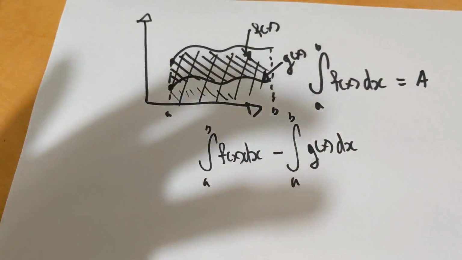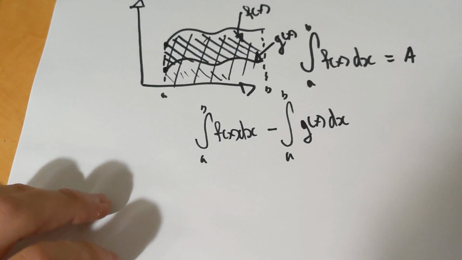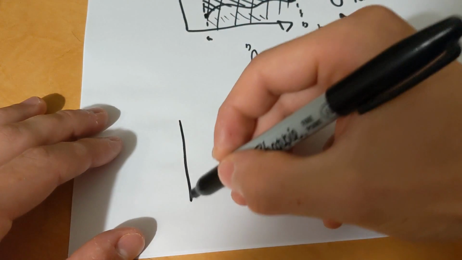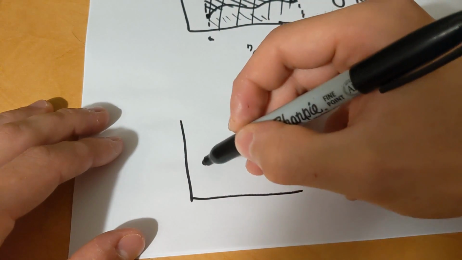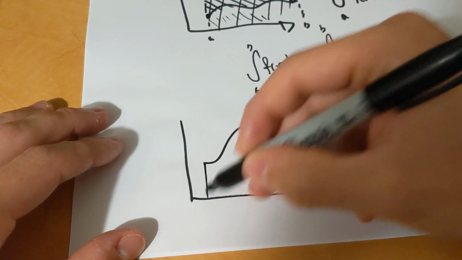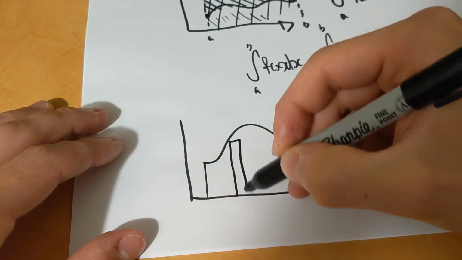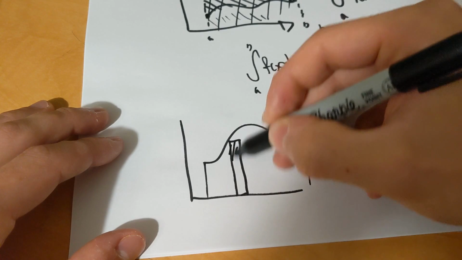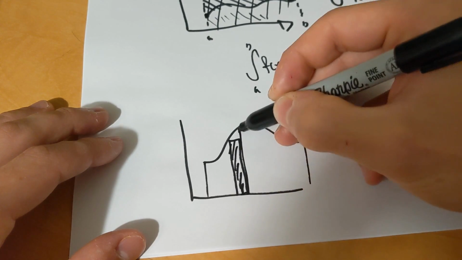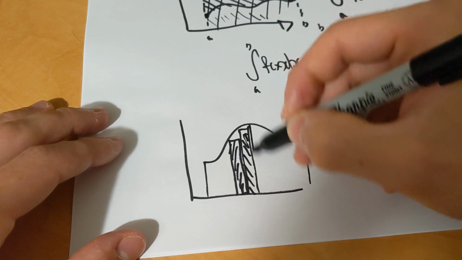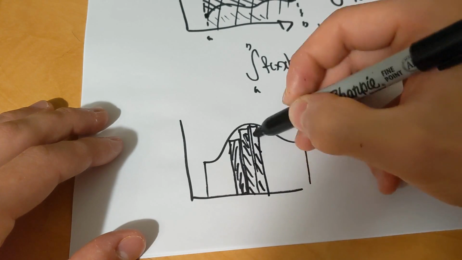But you can also think about it a different way. So when you integrate, you're actually using rectangles. I don't know if you remember that. So when you integrate, you're using rectangles.